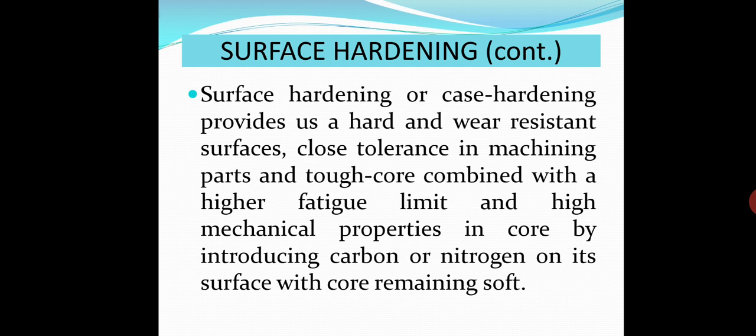So, this surface hardening or case hardening provides us a hard and wear resistant surface, close tolerance in machining parts, and a tough core combined with a higher fatigue limit and high mechanical properties in the core, by introducing carbon or nitrogen on its surface with the core remaining soft. As I have already told, we have to harden the surface.